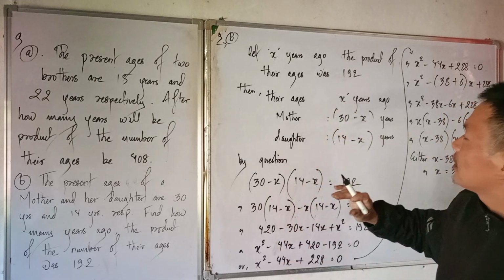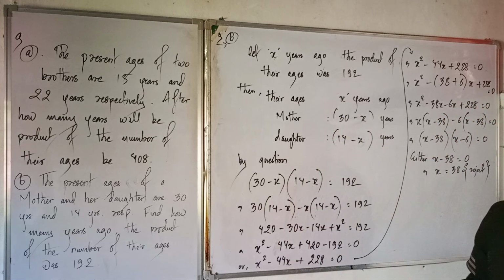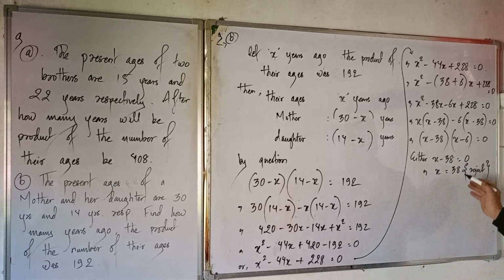Since the mother was not born, how can the daughter be? So be logical in that sense. Do you know the reason why I rejected 38?